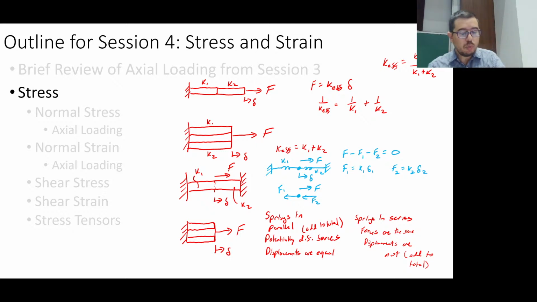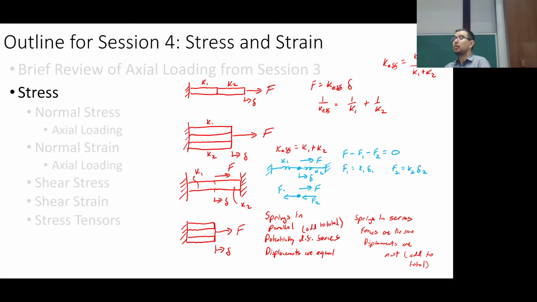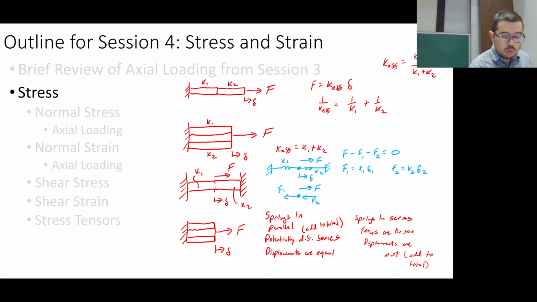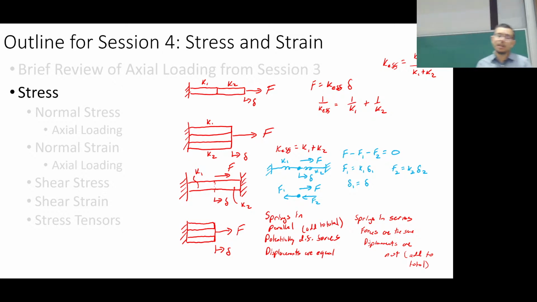So when we need to merge these together, we can use geometric compatibility. Now, I could also use method of superposition, but this is just using geometric compatibility here. I'm going to say that delta 1 is equal to delta, and this is maybe a little controversial, but I'm also going to say that it's equal to delta 2.